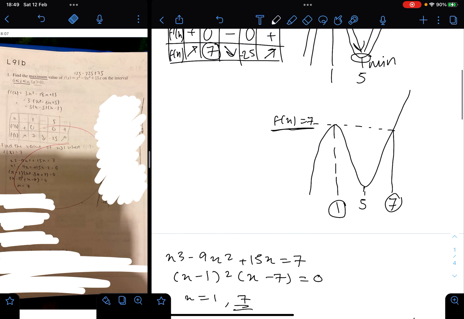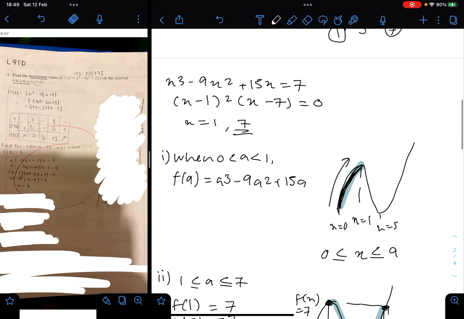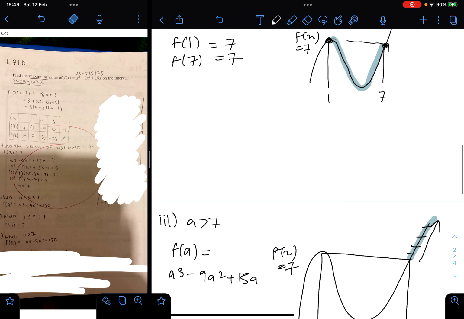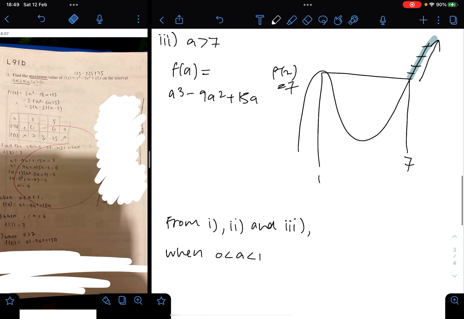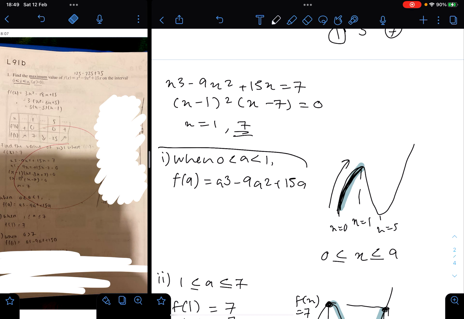That is essentially the question done. The only thing I would do is then I'm going to summarize it. So from parts I and III, we have when a is in between 0 and 1. So just this section over here.